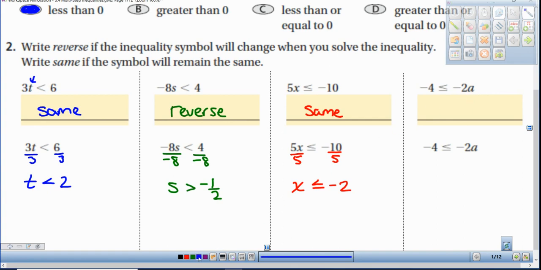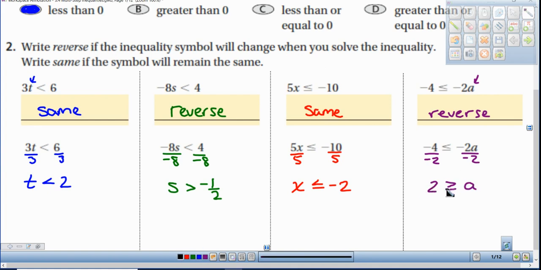And then on this one, the variable's on the other side. I'm going to get a by itself by dividing by a negative 2. And so I'm going to reverse that sign. If we divide by negative 2 on both sides, we're going to get 2, flip the sign, and then a. But this is actually not the way I would like this inequality to be written.